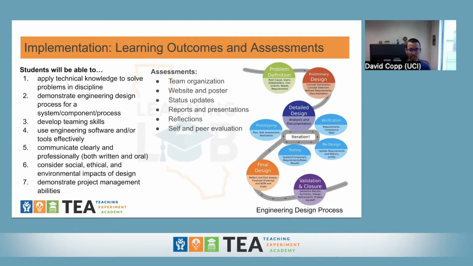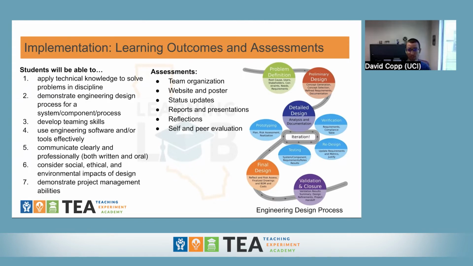And then to assess these outcomes, we have a few different assignments. One would be team organization. The students have to organize themselves, sort of project management: who's leading, how do you break down the work among the students? They have to communicate in a bunch of different ways. So they have to have a public-facing website. They have to have a poster for general audiences.